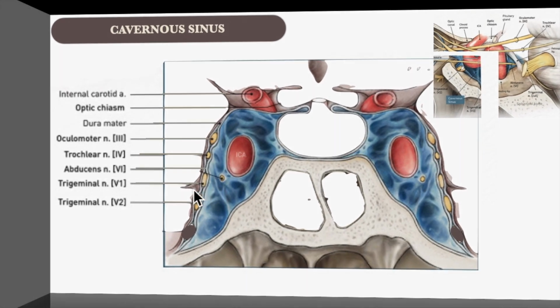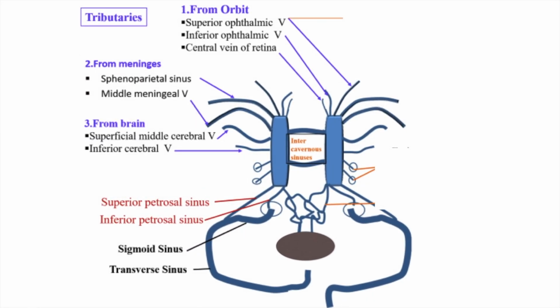Then next, what about its tributaries? This cavernous sinus entirely drains the orbit and the meninges, and also receives blood from the brain. From the orbit, the main tributaries are the superior ophthalmic vein and the inferior ophthalmic vein.